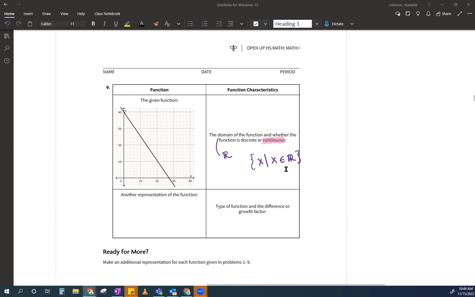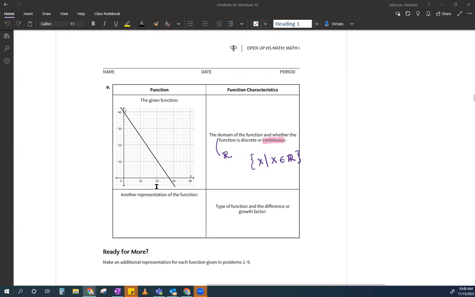This E, like a funky E looking thing, it means is an element of. So x is in the set of. x is an element of. I picked a number from the real number set, every single number, right? That you know right now. Now, next year, when you get to Integrated 2, there's another set of numbers that you will learn, okay?